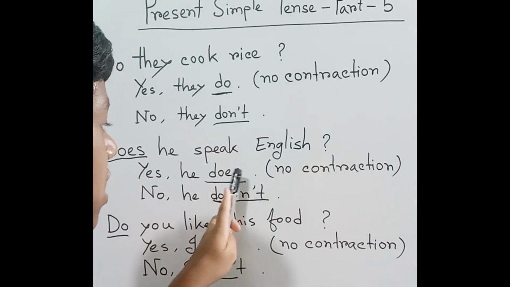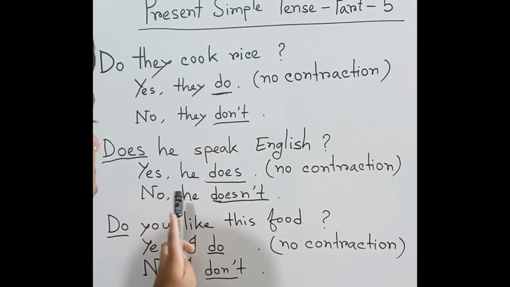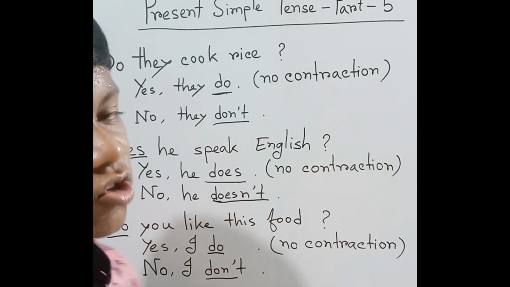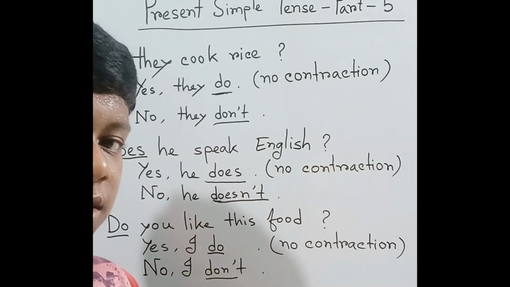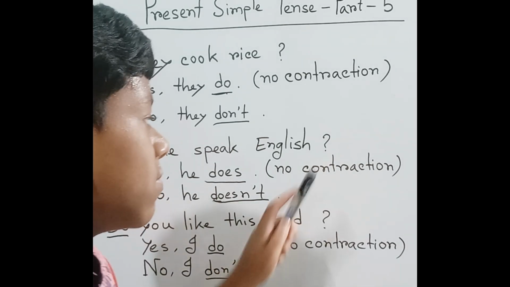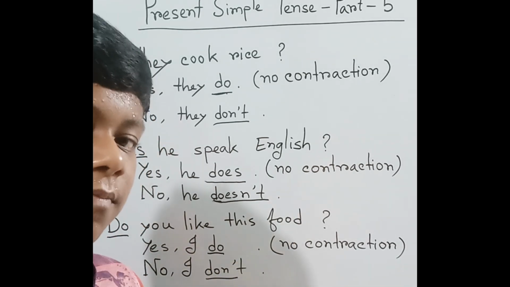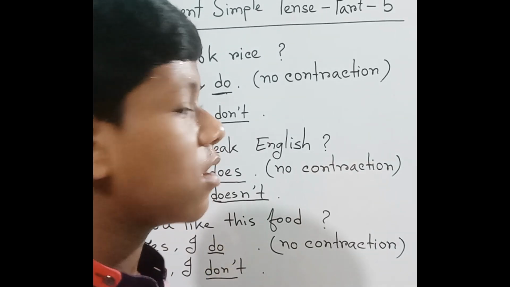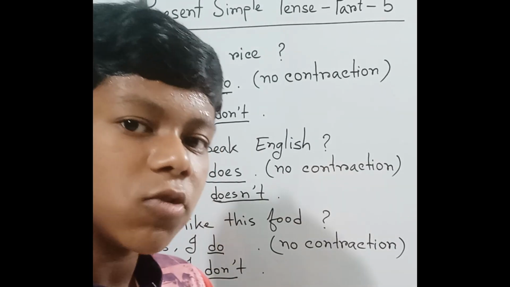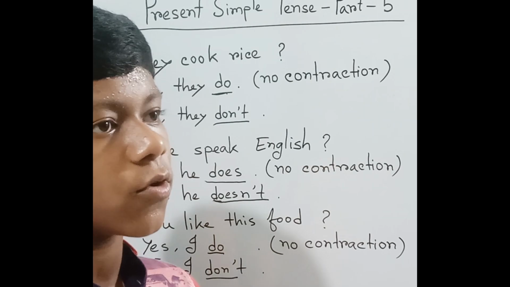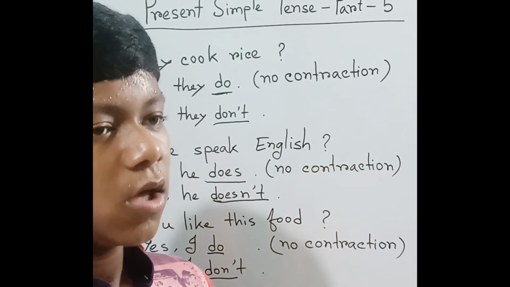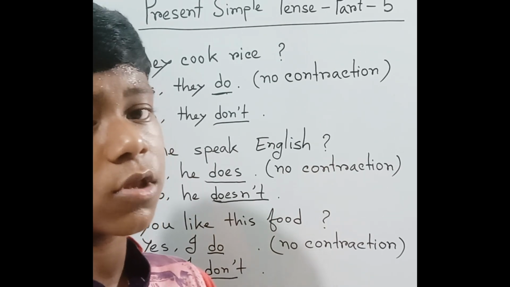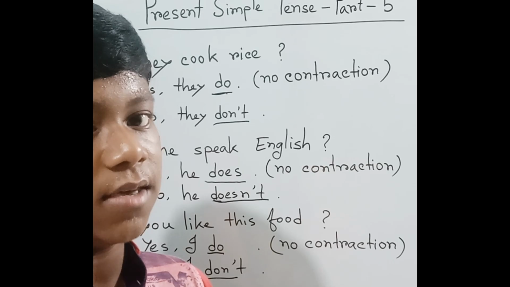No, she doesn't. Only for positive, there is no contraction, but only for negative, there is a contraction, that is, doesn't. And it is only for first person singular, I, and second person you, and third person plural, we, they.